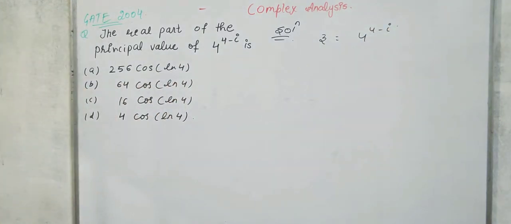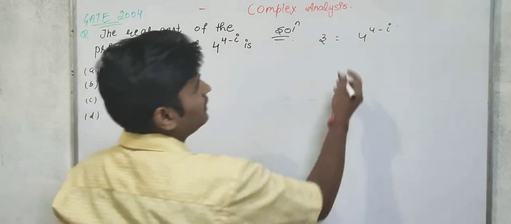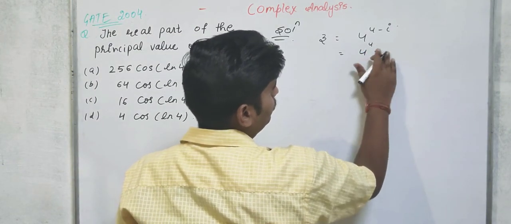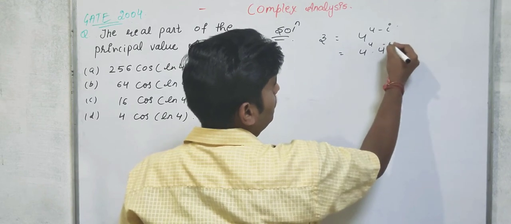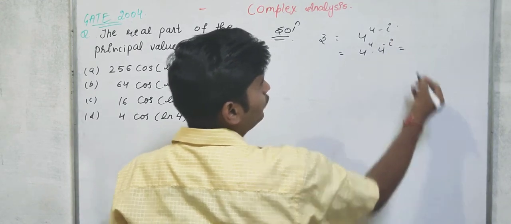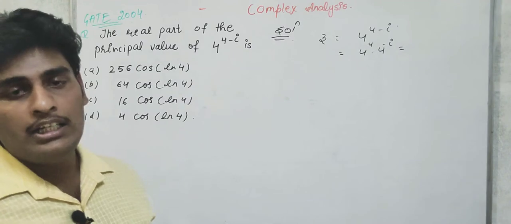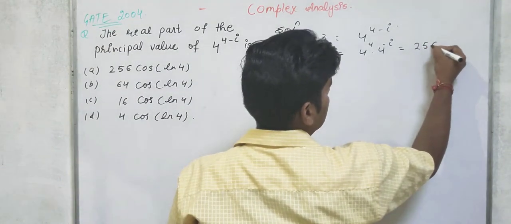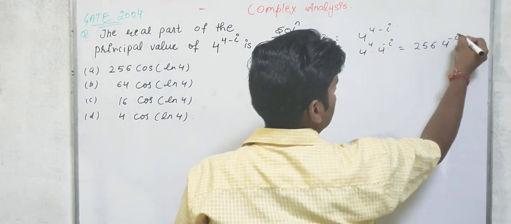Now this can be written as 4 raised to power 4 into 4 raised to power minus iota. And what is the value of 4 raised to power 4? It is 256. So it's 256 into 4 raised to power minus iota.